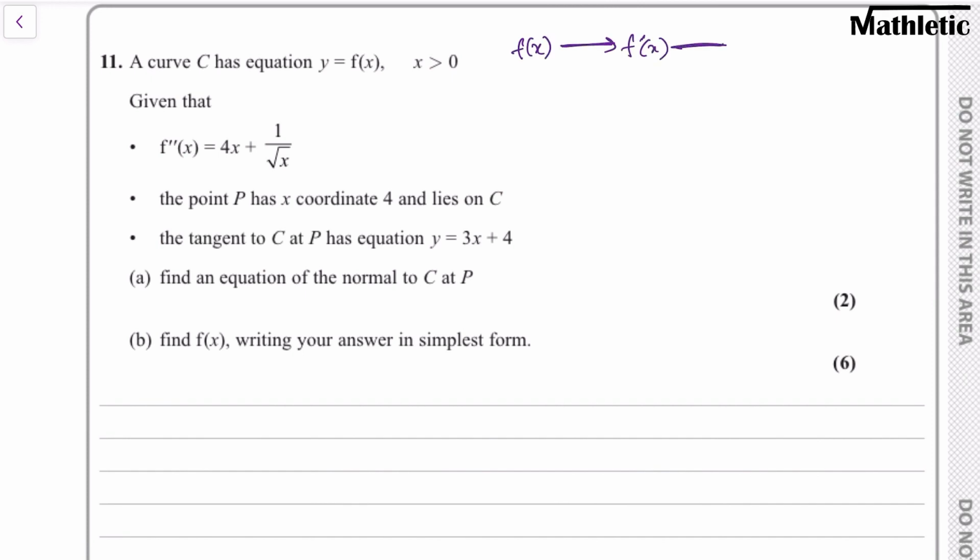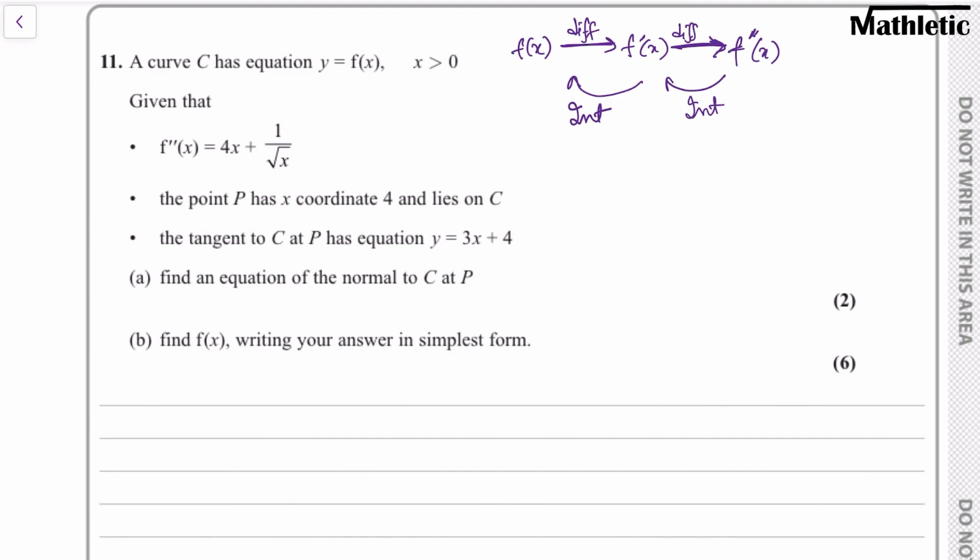When you differentiate again, as in the second derivative, it becomes f double prime x. And we know that if we need to go back, we need to integrate, right? We integrate and we go back from prime to normal equation.